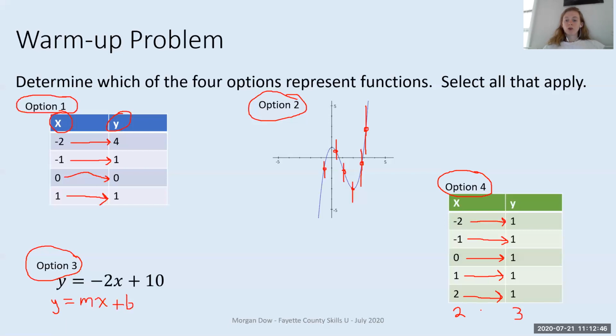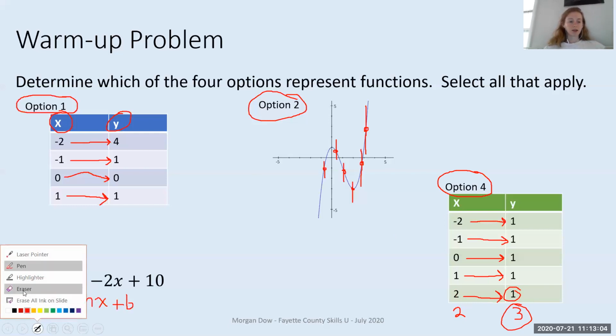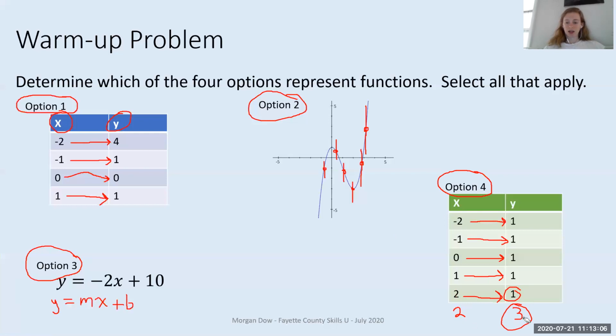Well, now this would no longer be a function because we would have this input value of 2 giving us 2 different output values. It would be giving us an output of 1, and it would also be giving us an output of 3. So that would be an issue. That would make it not a function. But since that's not actually the case here, this is a function.